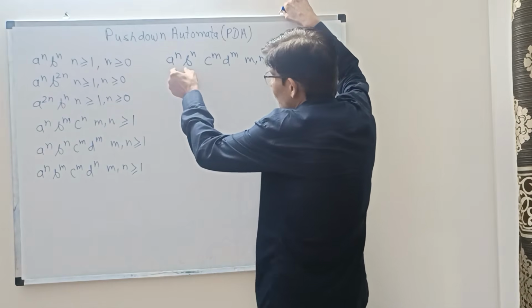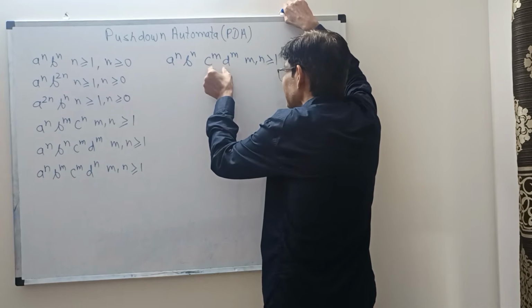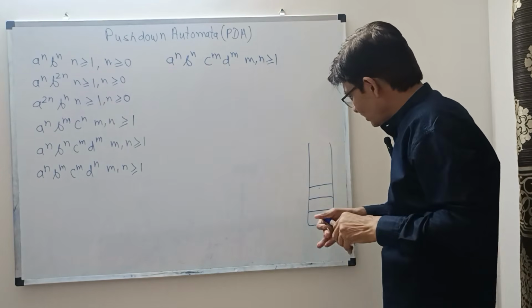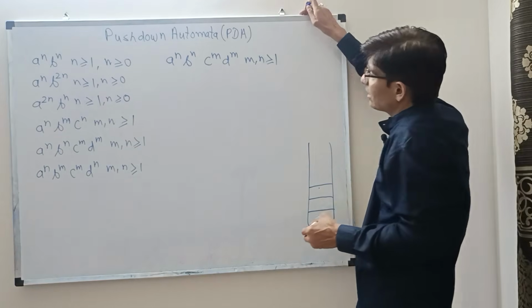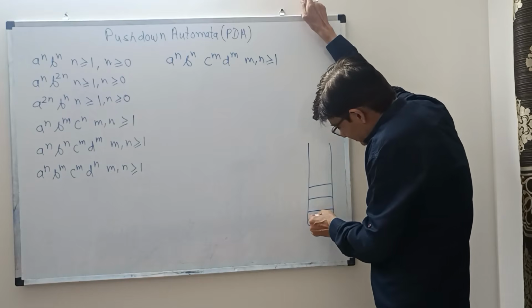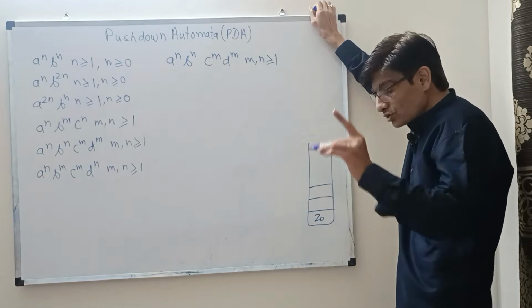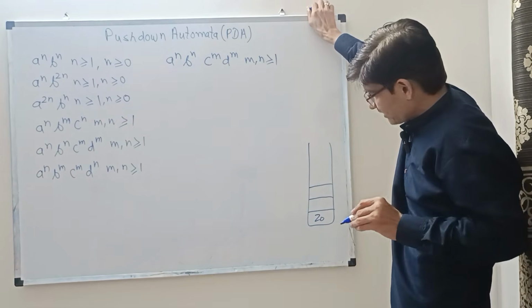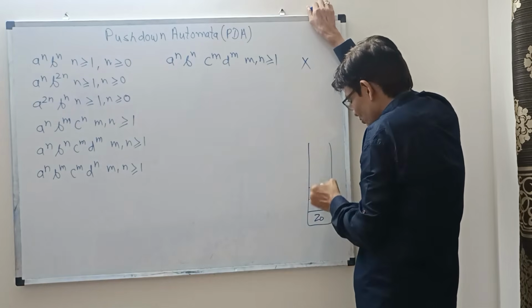Now we have the relation between the number of occurrences of two symbols only. One pair is A and B, and another pair is C and D. So my idea is that Z0 would be the initial stack symbol already in the stack. Whenever you are reading A, you will push one symbol X into the stack.